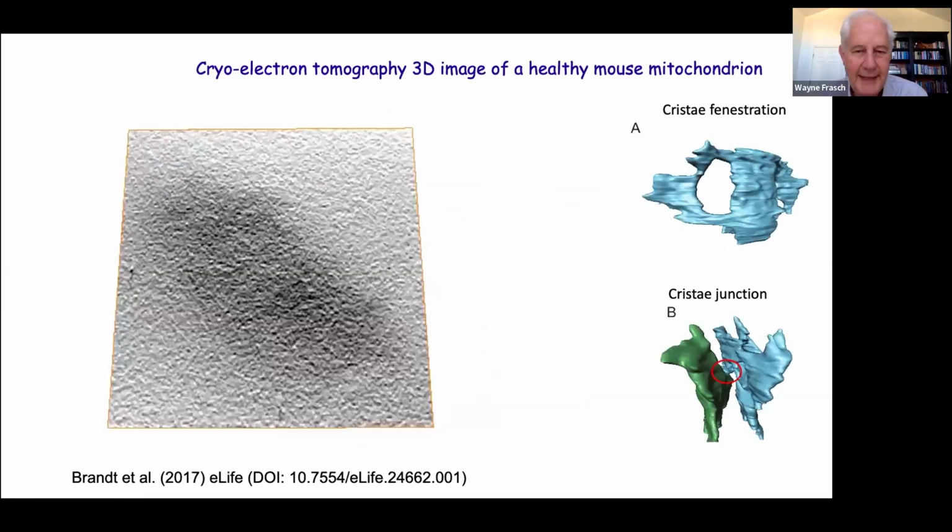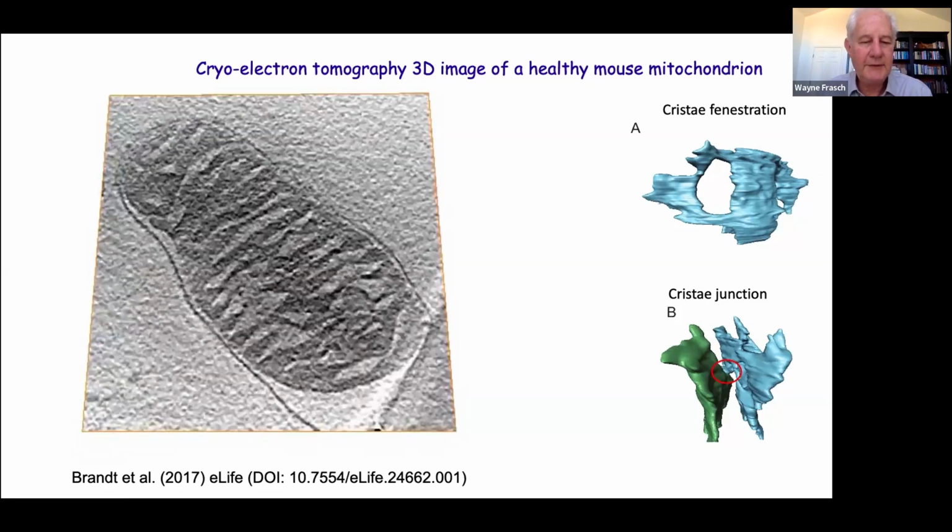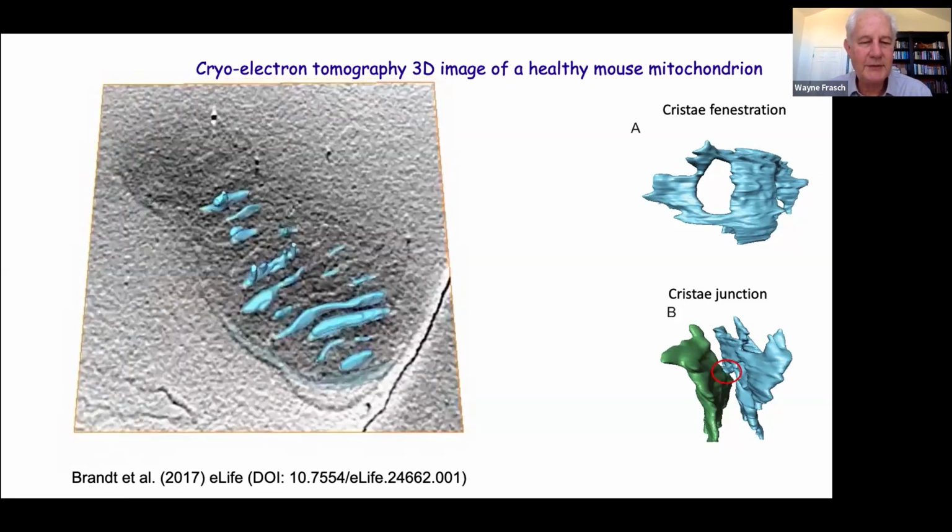So in today's world, we now have cryo-EM and its associated technology, cryo-electron tomography, where you can visualize 3 dimensions of organelles. And this is a recent paper by Werner Kühlbrandt's group, where he's taken in situ mitochondria and visualized what the 3-dimensional structure is.